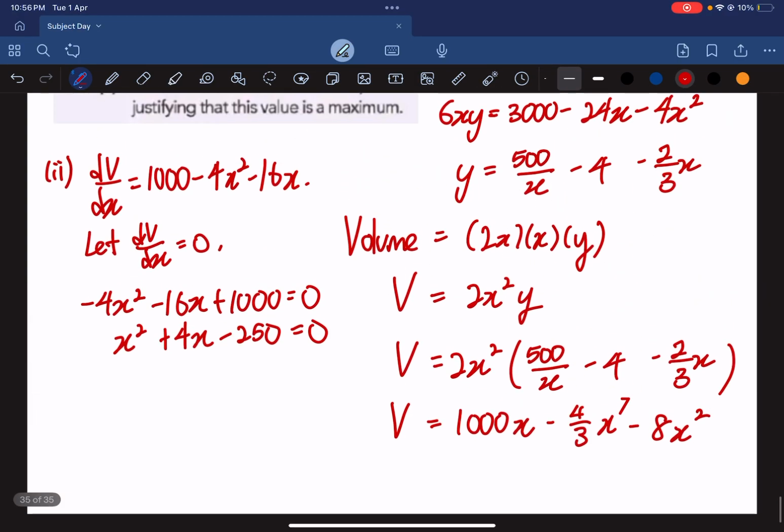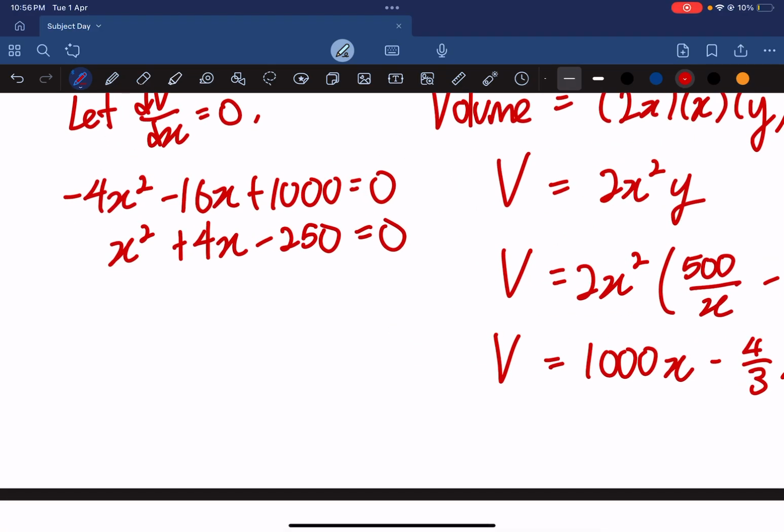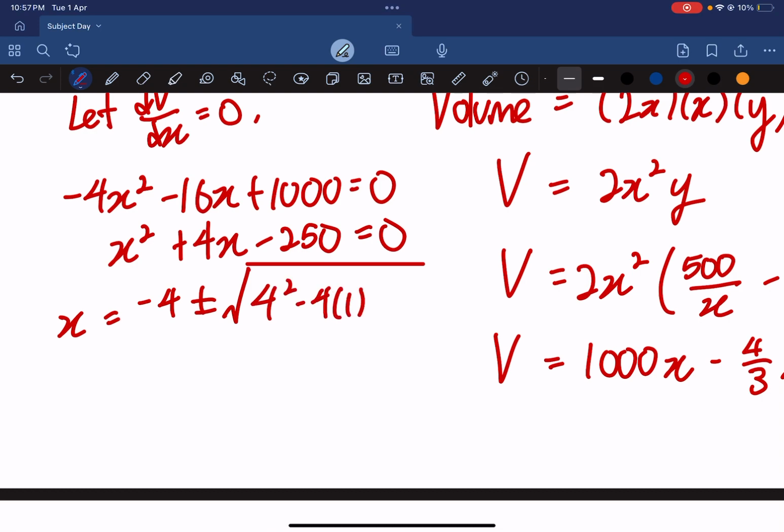Let me extend this. Once I get this quadratic equation, very simple, use our quadratic formula to find the value of x. x is equal to negative b plus minus square root of b squared minus 4ac, so 4 squared minus 4 times 1 times negative 250, then this whole thing divided by 2a.